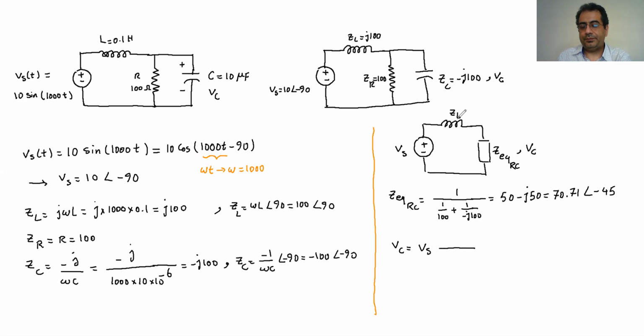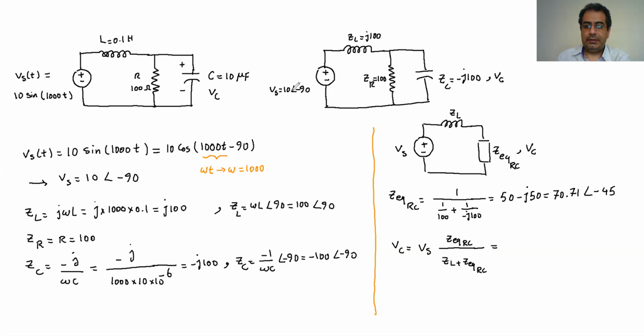So it's going to be in the ratio of ZEQ for RC divided by ZL plus ZEQ for RC. So how much is the Vs?